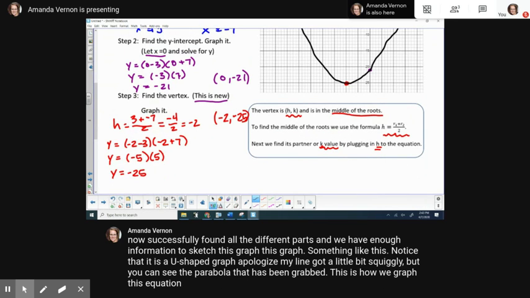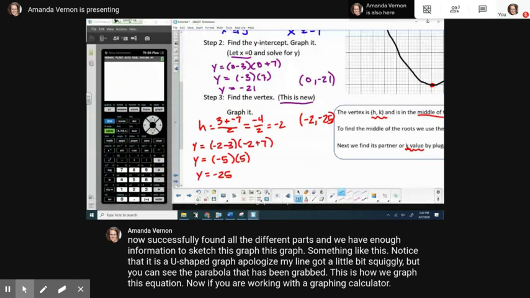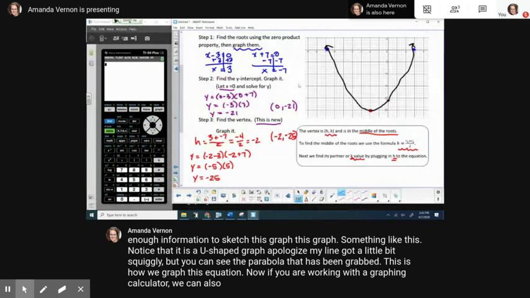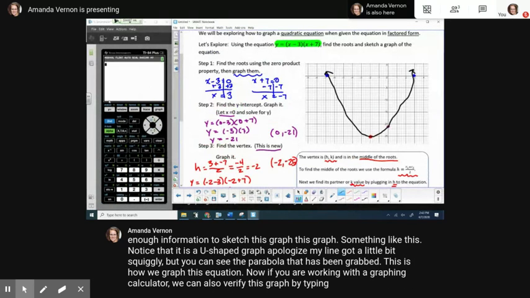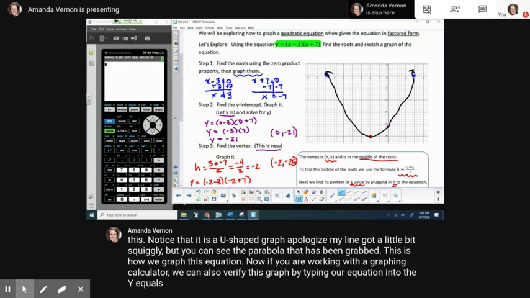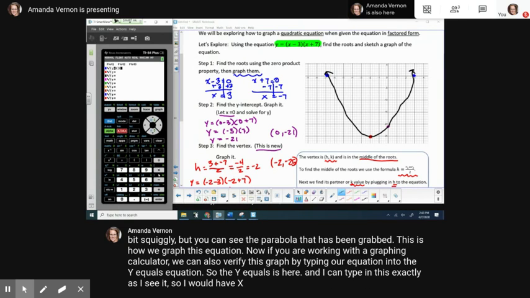Now, if you are working with a graphing calculator, we can also verify this graph by typing our equation into the y equals screen. I can type it in exactly as I see it: x minus 3 times x plus 7. And I'm going to create a window similar to what we have there.